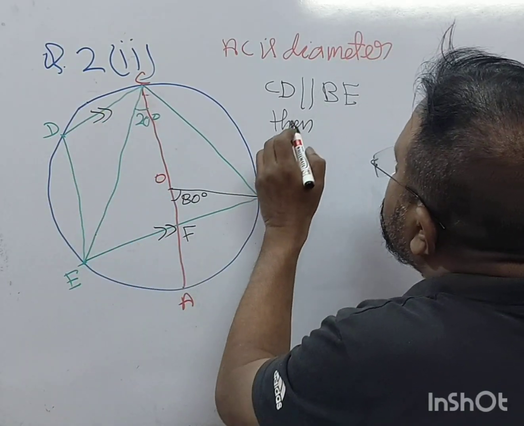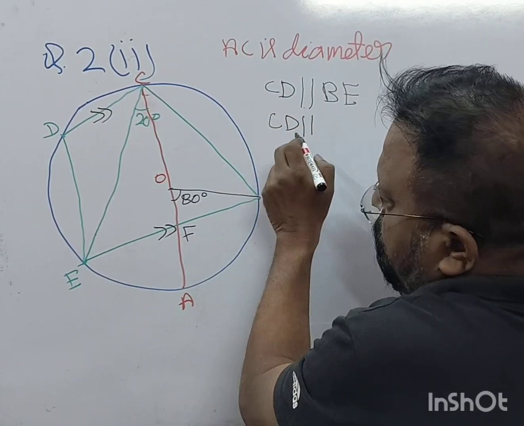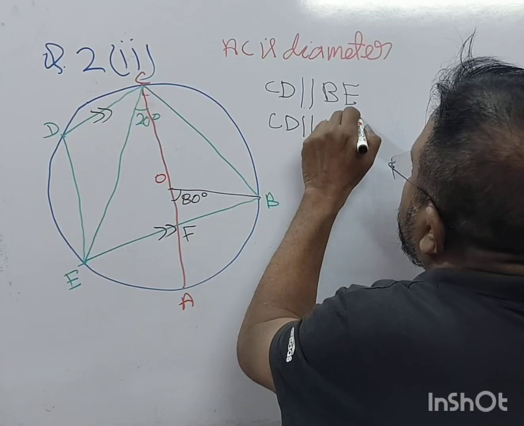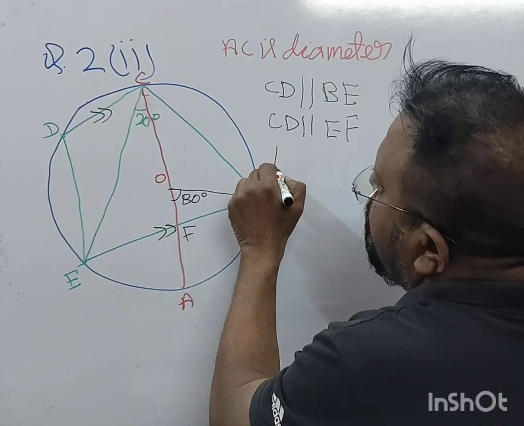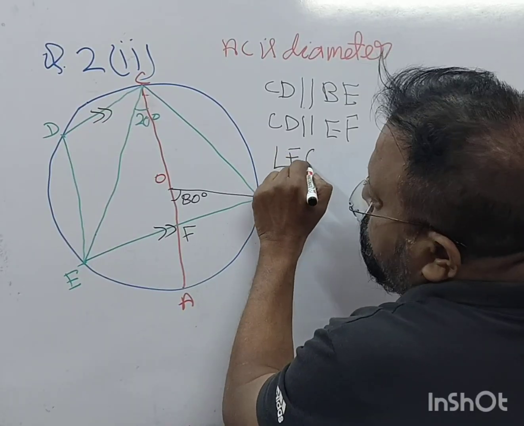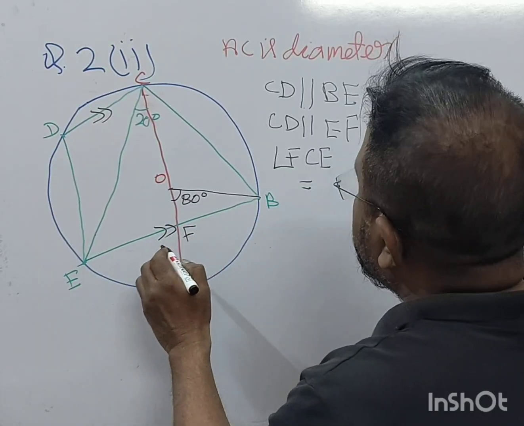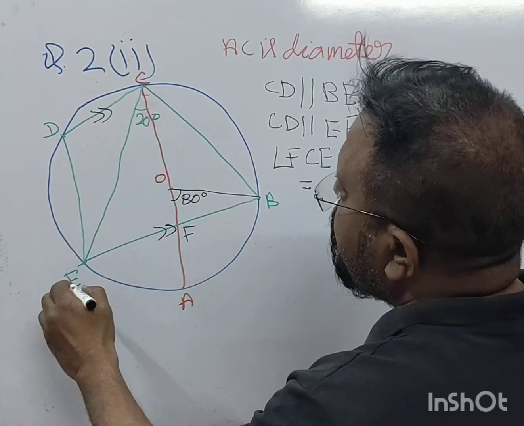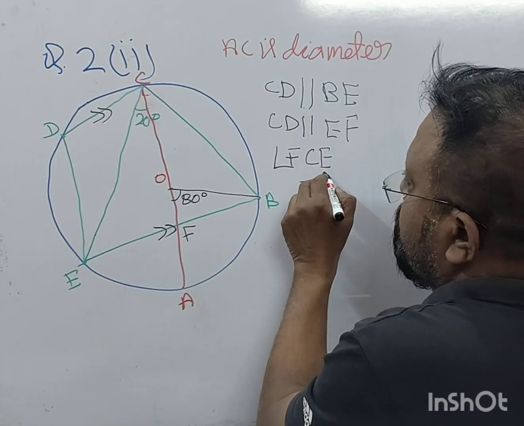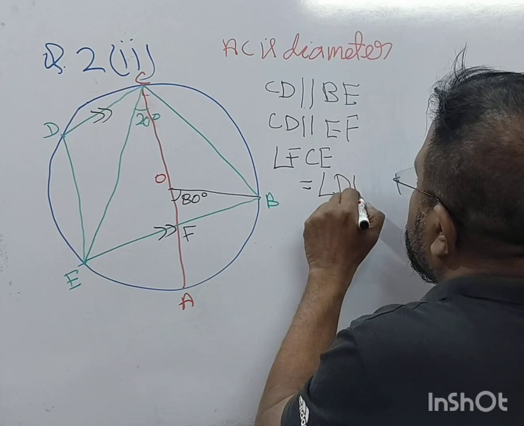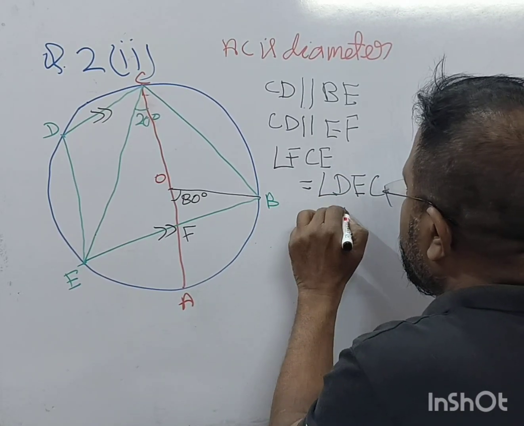These lines are parallel, so CD is parallel to EF, and angle FCE is equal to angle DEC. Then angle DEC is equal to 20 degrees.